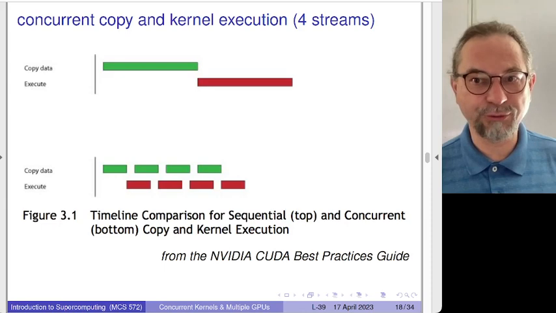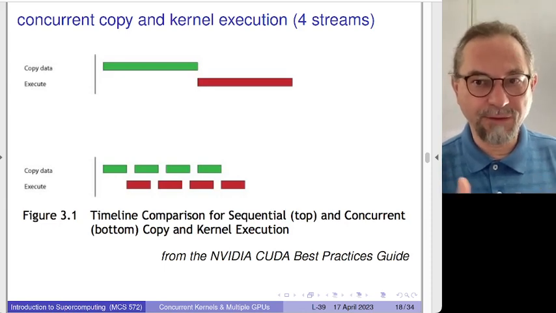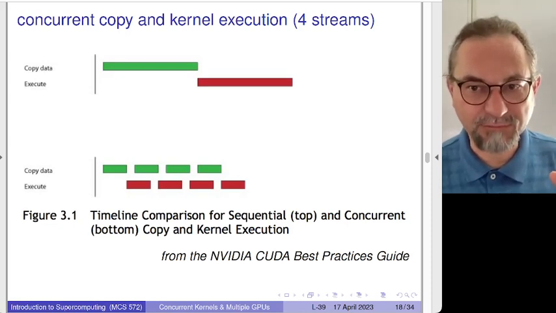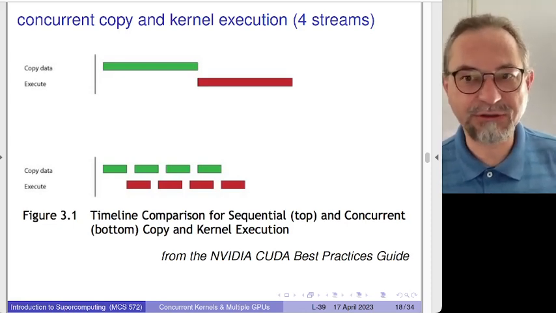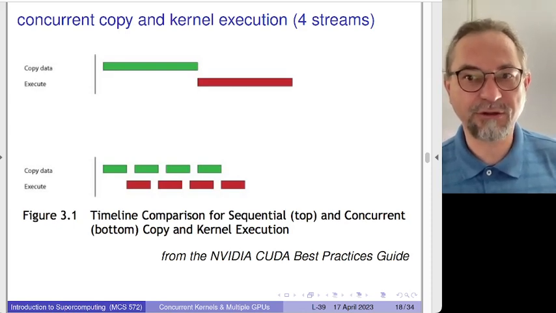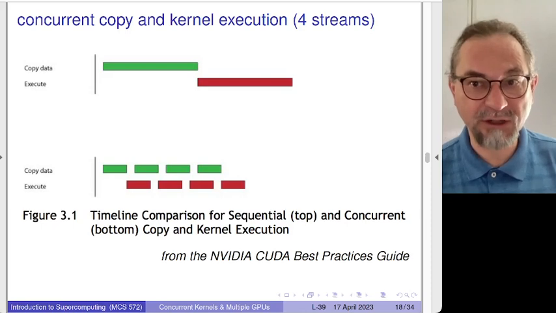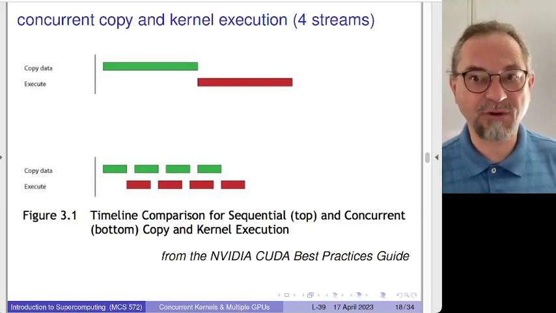So you see the green and the red. Our type of computation needs to be such that we can process it in chunks. In some types of computations, it only makes sense to start execution when the entire data has arrived.